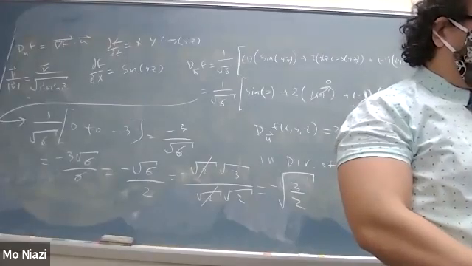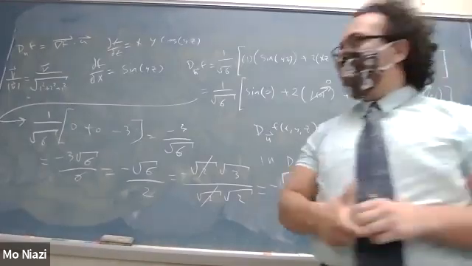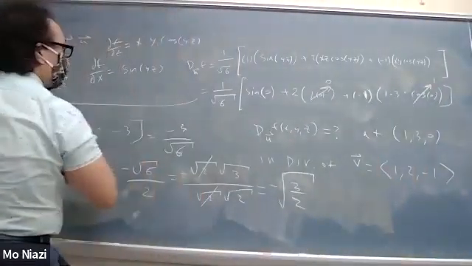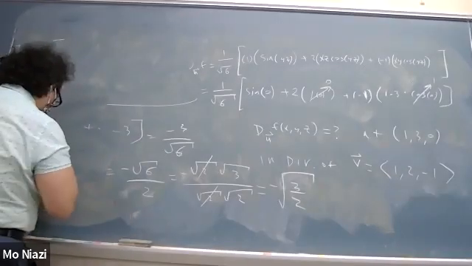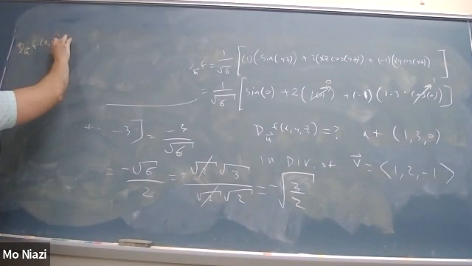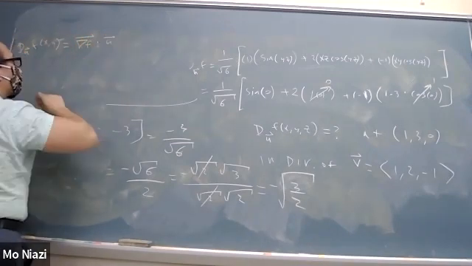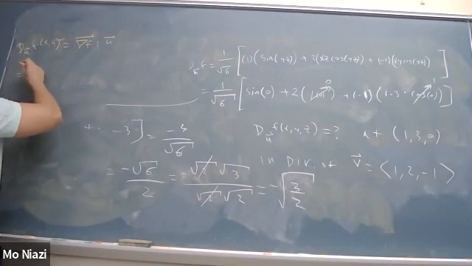Okay. So now let's talk about how we get the maximum value of a directional derivative. Well, it's actually really easy. Think about what the directional derivative is defined as. It's the dot product here. But remember, the definition of dot product means that this is true.